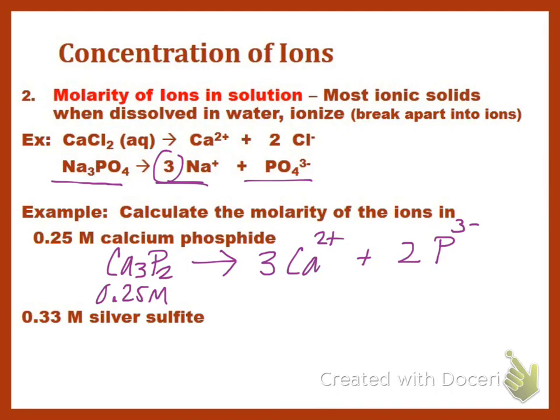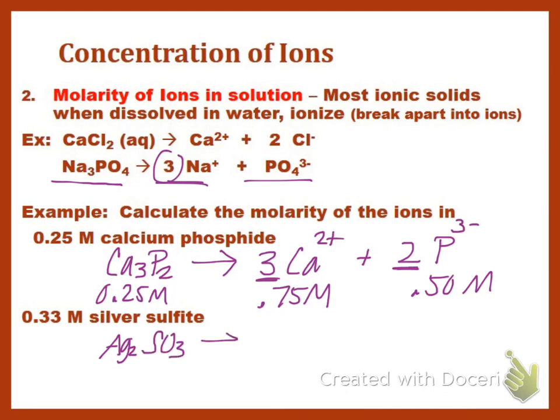So the calcium ion concentration would actually be 0.75 molar calcium and 0.50 molar phosphide. So that's the way that works. Whatever coefficient is here, you just multiply the molarity by it, and that's how many of the ion you would have.